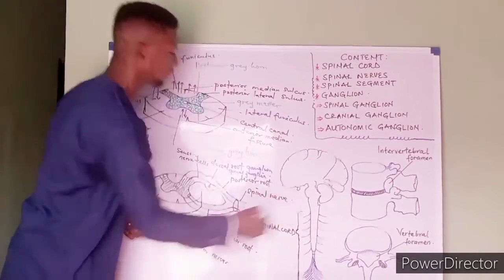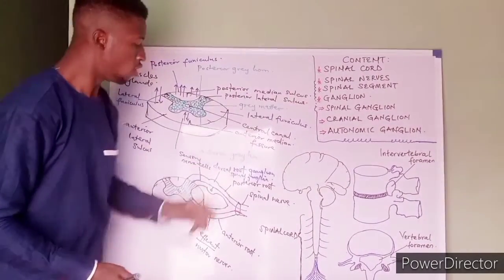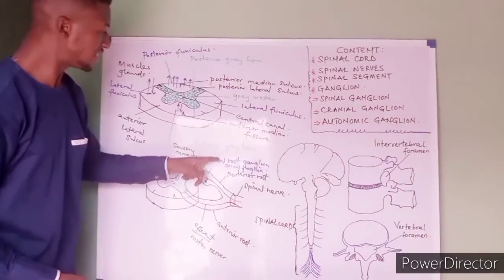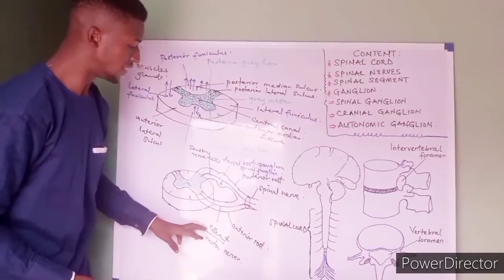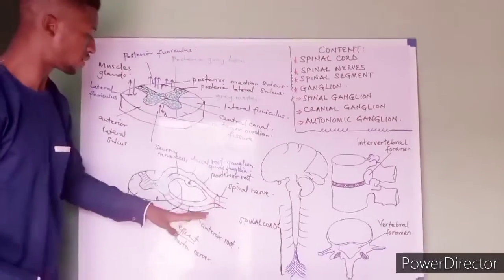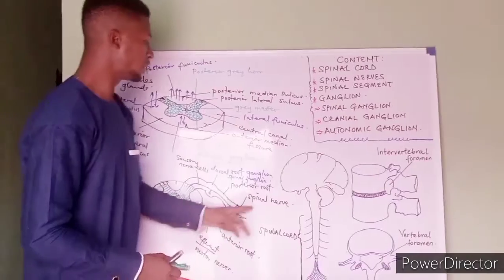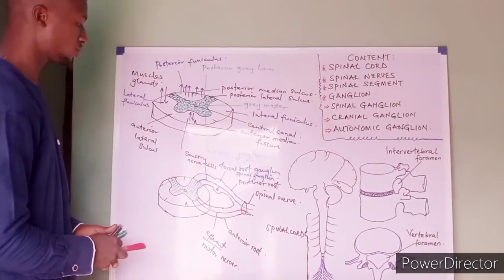This is called the spinal nerve. So in one word, we can say that the spinal nerve consists of the sensory nerve cells and what? The efferent nerve cells. It is a constituent of these two nerve cells, the motor and the sensory. That's what we refer to as the spinal nerves.